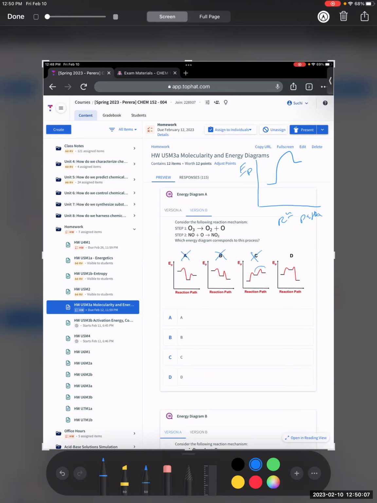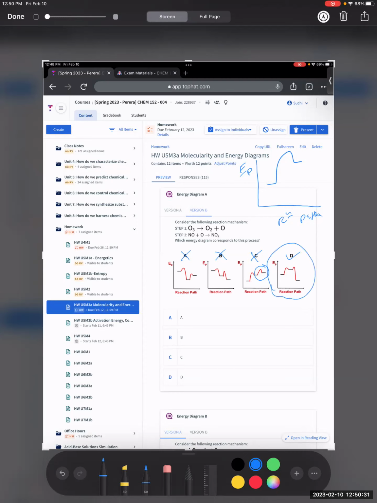We see that in option C, the second step is endothermic. We are going from lower potential energy to higher potential, so that cannot be our answer. Therefore, it needs to be option D, where the second step is exothermic because we are going from a higher potential energy to lower potential energy. So therefore, that is our answer.